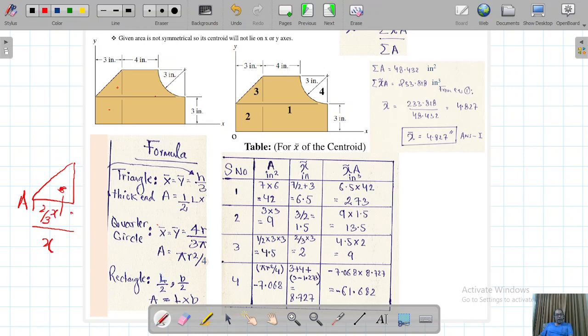What will be the remaining side? It will be x by 3. Remember this thing, very important.